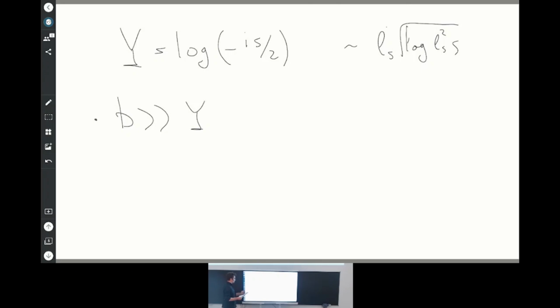And so when you have b much larger than square root y, maybe let me restore this alpha prime squared here so that it's clear. So when b is much larger than that, you get the tree-level result. Sorry, GR. You get what we got in GR.